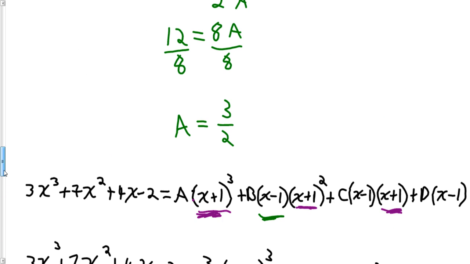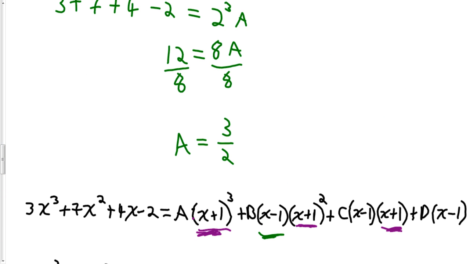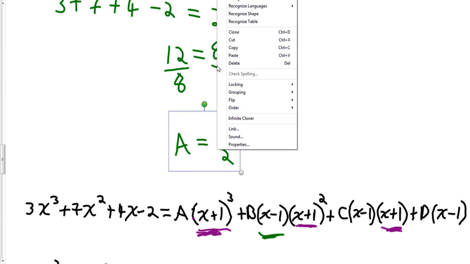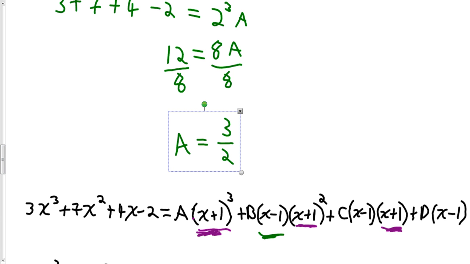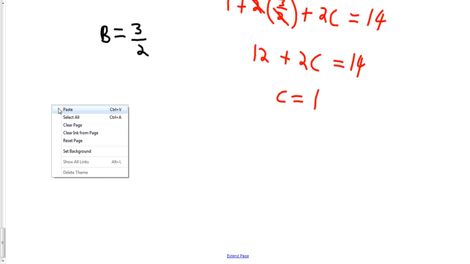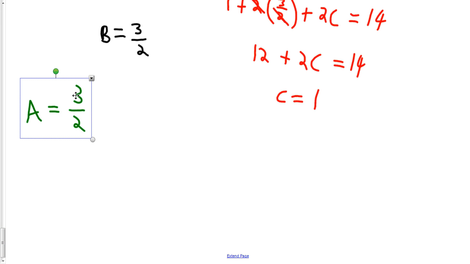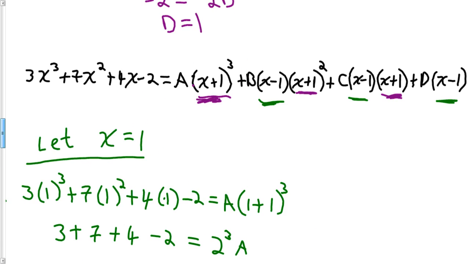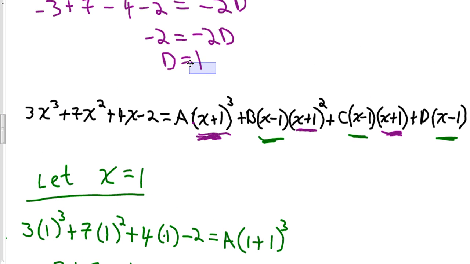So there I have all of my constants that I needed. Let's gather them here. I have a here, right? And I also had b. I think b was equal to 1, right? Oh, no, not b. We had d. So we have a equals 3 halves, b equals 3 halves, and we had d in the very beginning equaling 1.